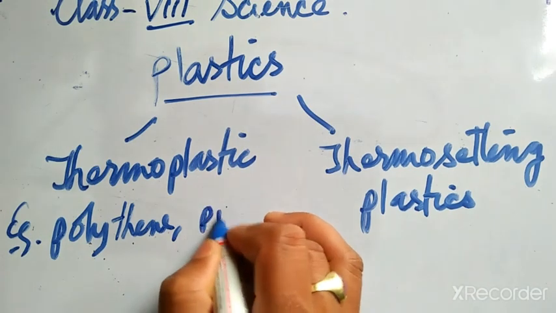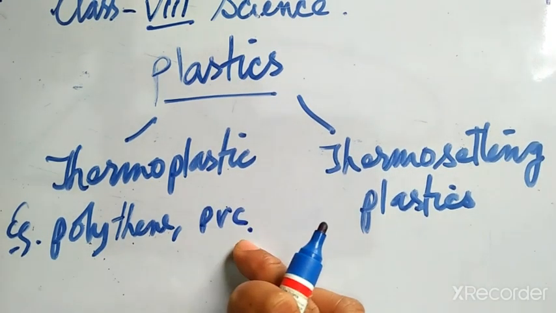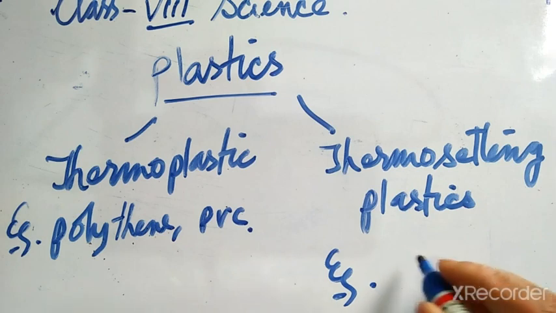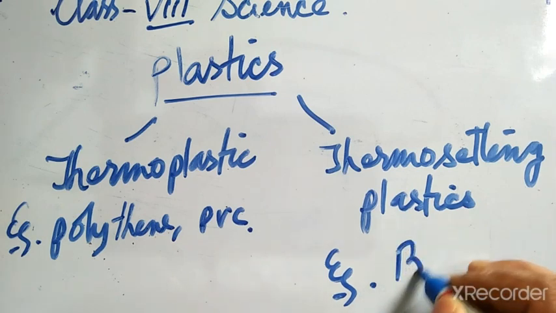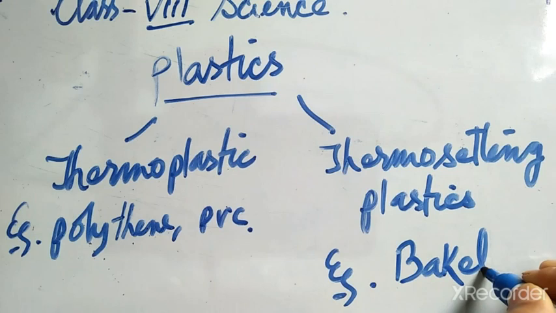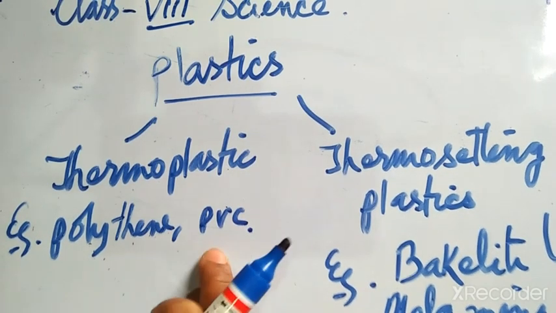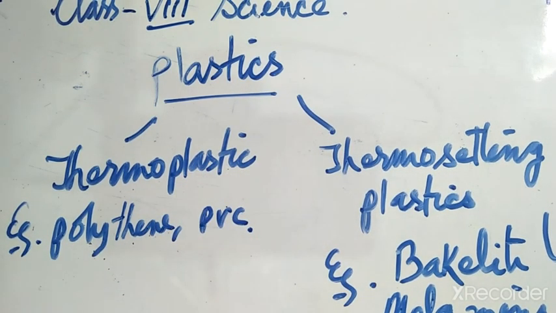And in the thermosetting plastics, we can mention examples such as bakelite and melamine. Bakelite and melamine are thermosetting. Polythene and PVC are thermoplastic.